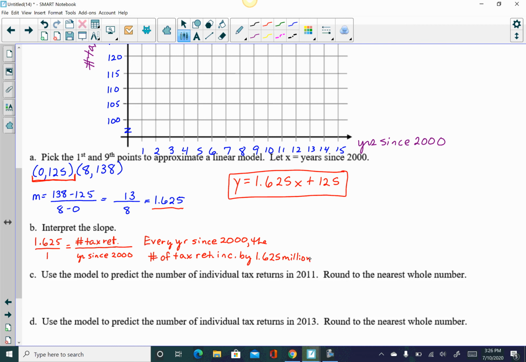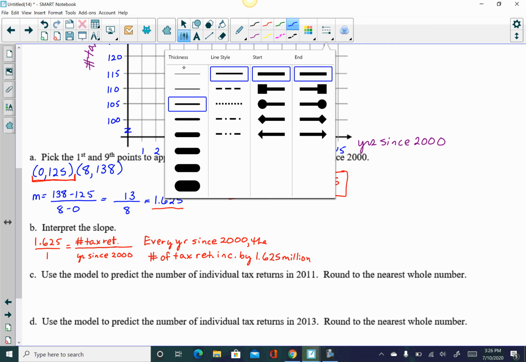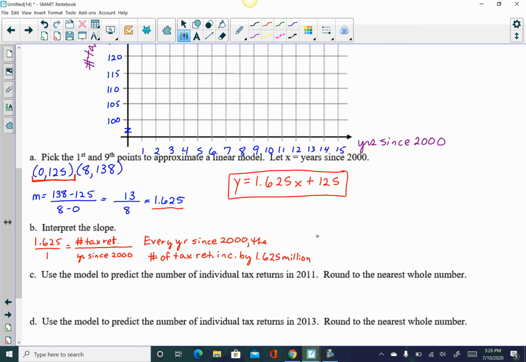Let me also do this in the fraction format. If you chose the 13 over 8, it's still the number of tax returns up top, and this is still your years since 2000 down here.